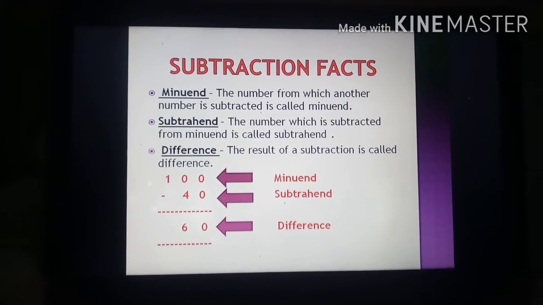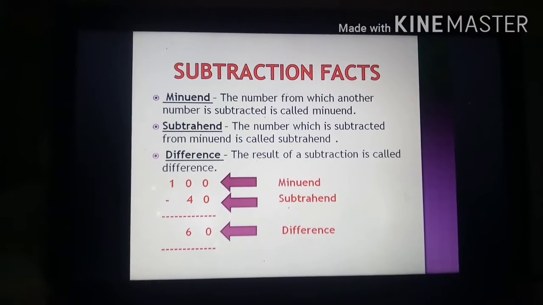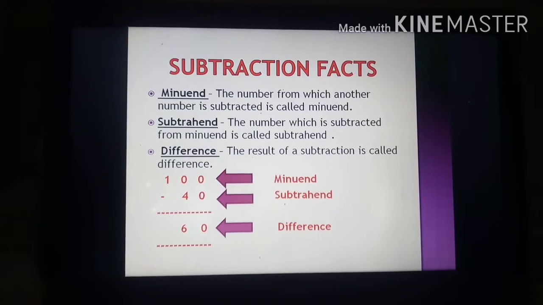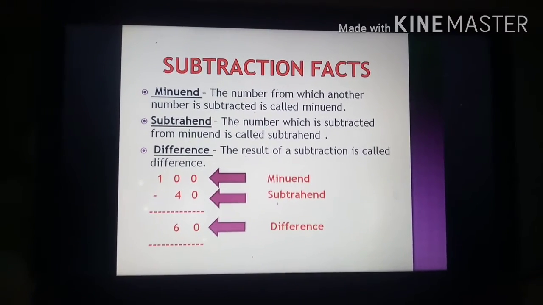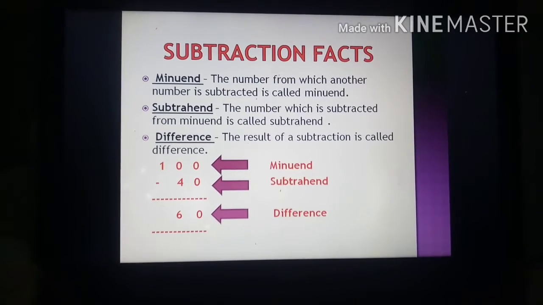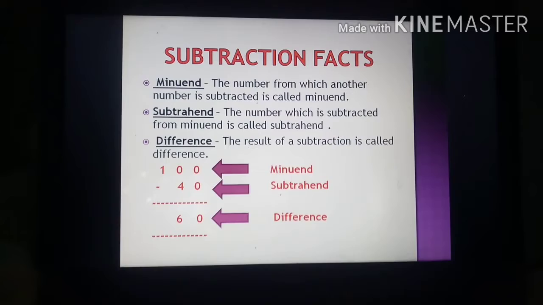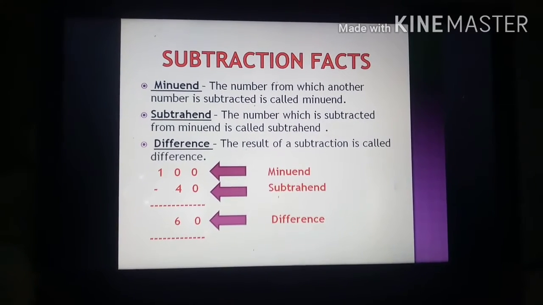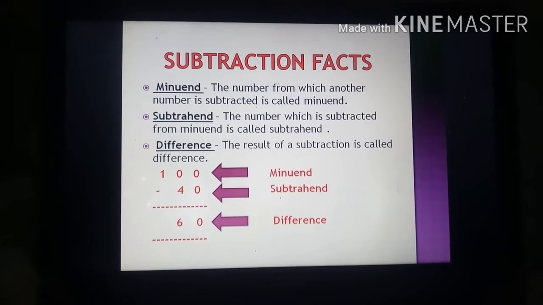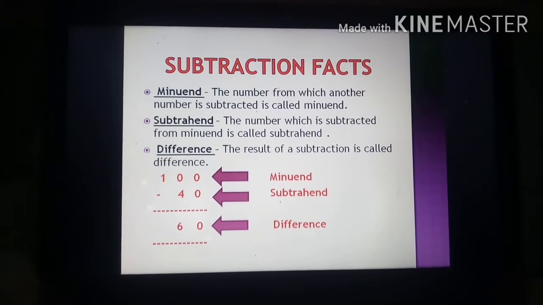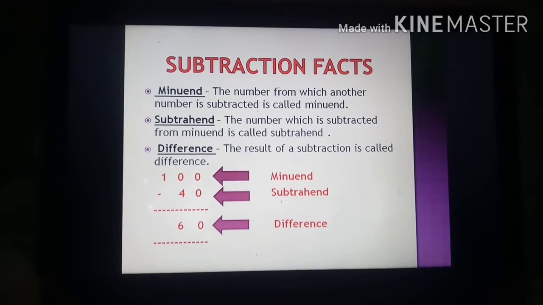The number from which another number is subtracted is called minuend, or we can say the bigger number is called minuend. Next is subtrahend. The number that is subtracted from the minuend is called subtrahend, meaning the smaller number is called subtrahend.